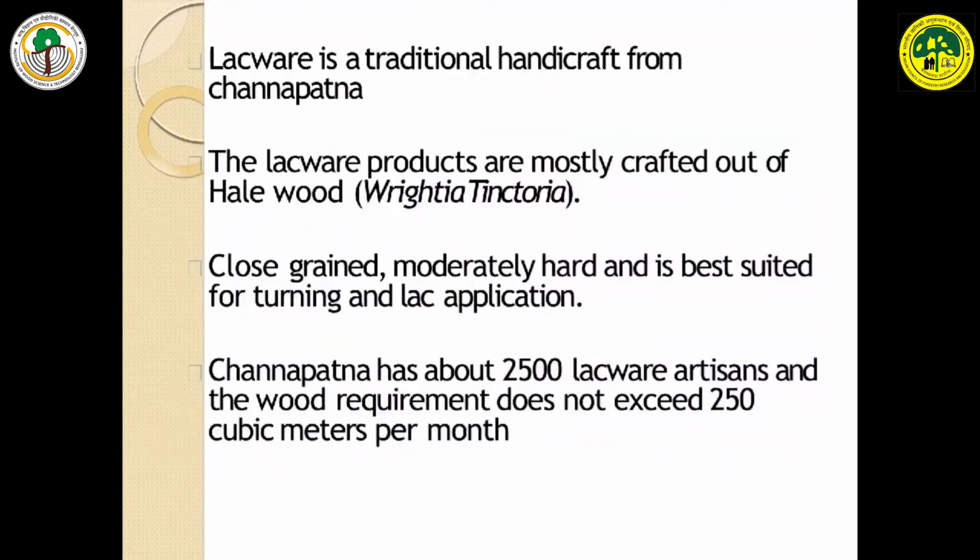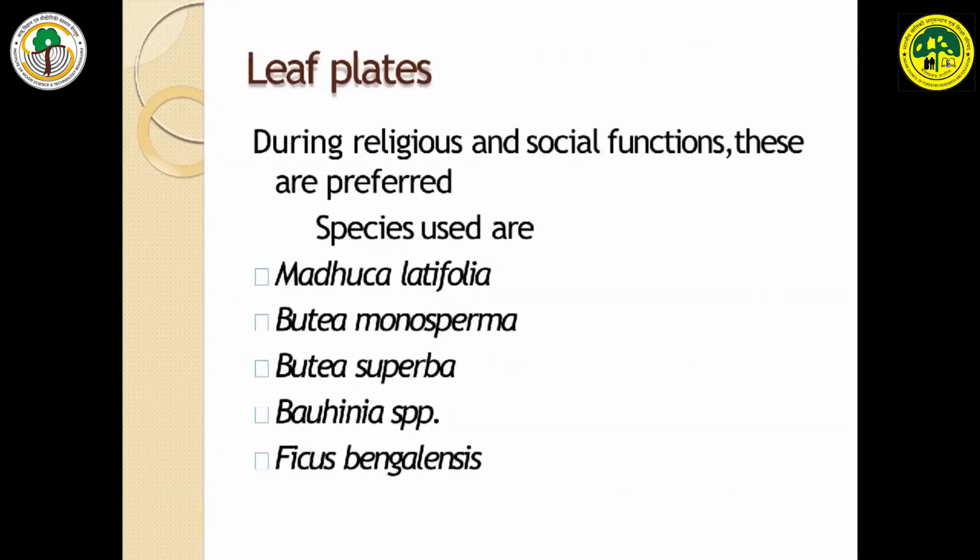Even now this industry is having a lot of problems because of the non-availability of Wrightia wood, which is almost not available in the forest area or locally. They are trying to switch over to other materials like Alstonia, but it doesn't give the type of carving which they used to get from Wrightia tinctoria, and even dyeing is difficult compared to Wrightia wood.